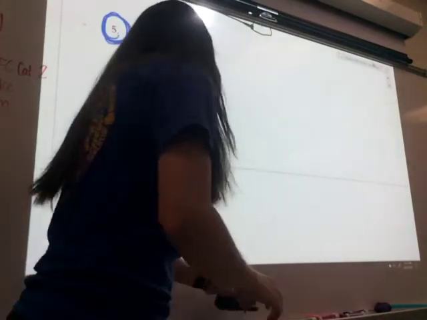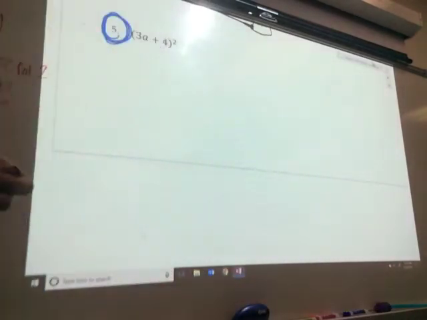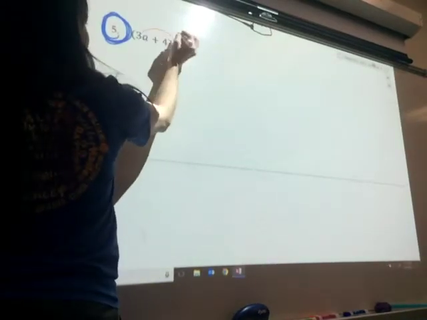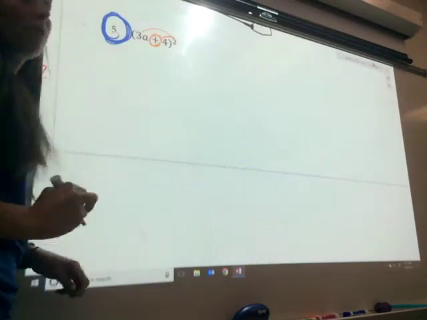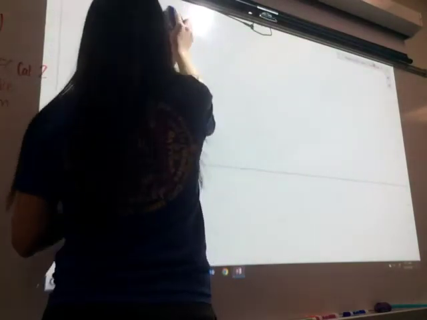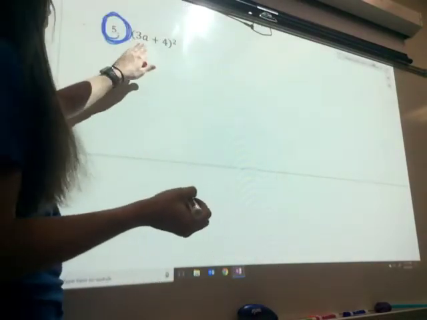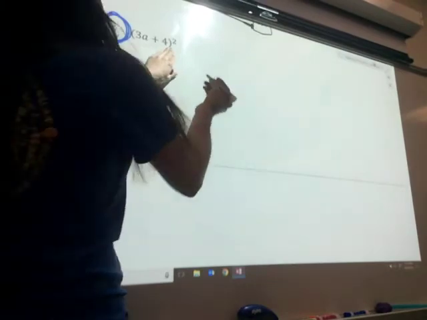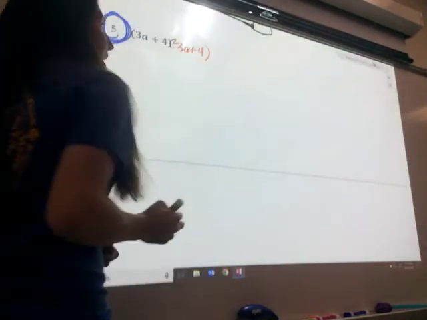So you have to make sure, guys, you have to be so careful with this. This will not work. You cannot distribute over a plus or minus sign. What you have to do is remember an exponent is telling you to write it that many times. So how many times do I need to write this? So that's what I'm going to do. I'm going to go write it a second time.